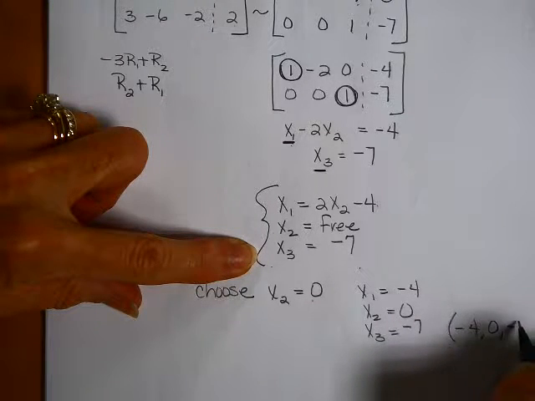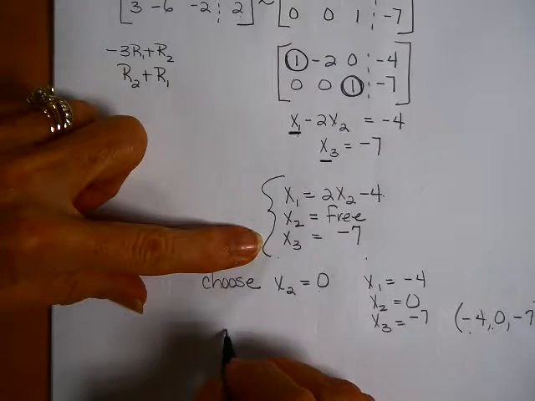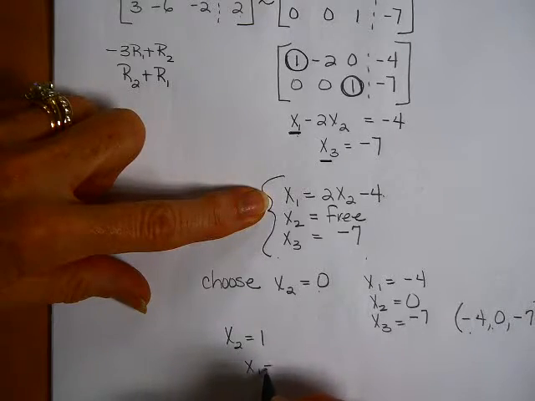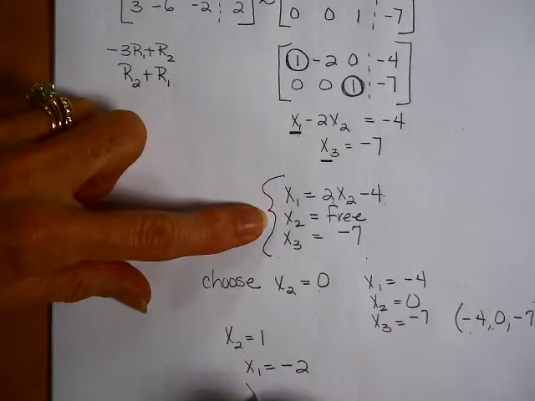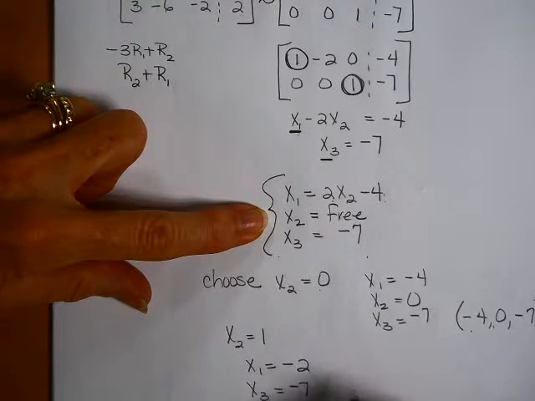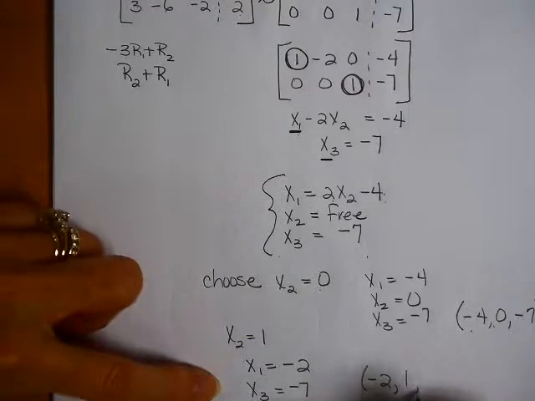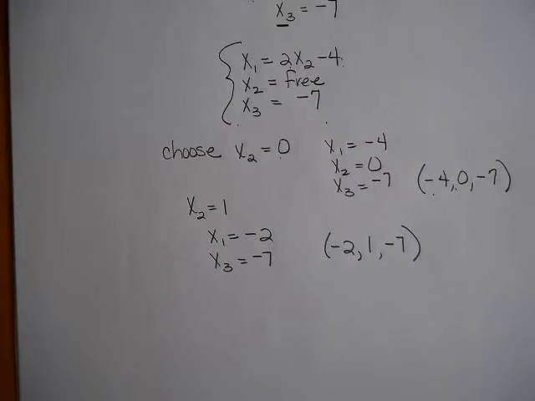So that gives you -4, 0, and -7. There is one point. How could I get another? I could choose x2 to be 1. Then x1 is going to be 2 minus 4, which is -2. x3 is still -7, so I'd get the point -2, 1, -7. And that would be another solution to that equation.